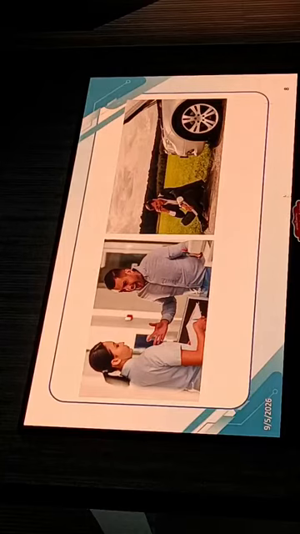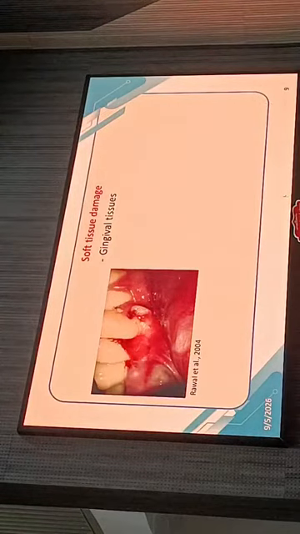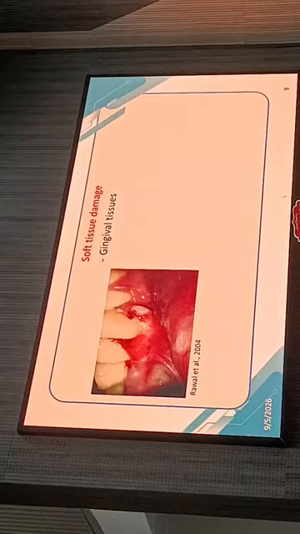Now, going more specifically into problems that we might encounter in the treatment of periodontitis, number one is probably the soft tissue. When we're going subgingival, you definitely do cause some degree of trauma.